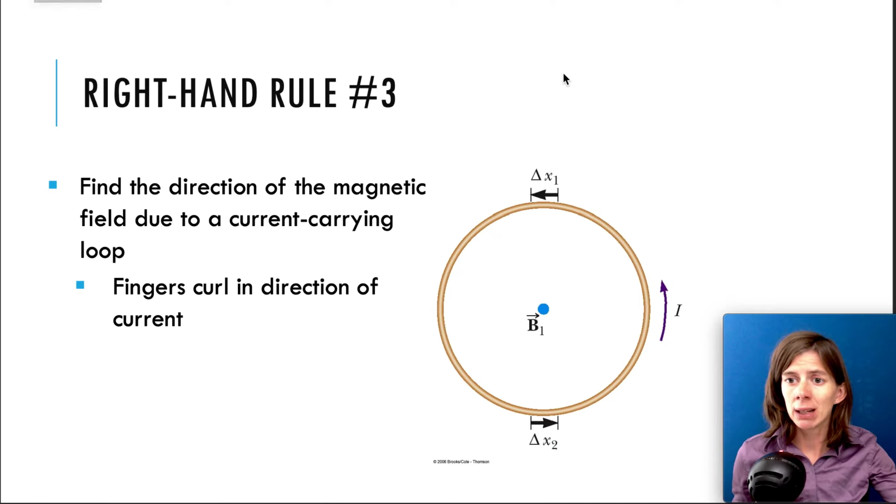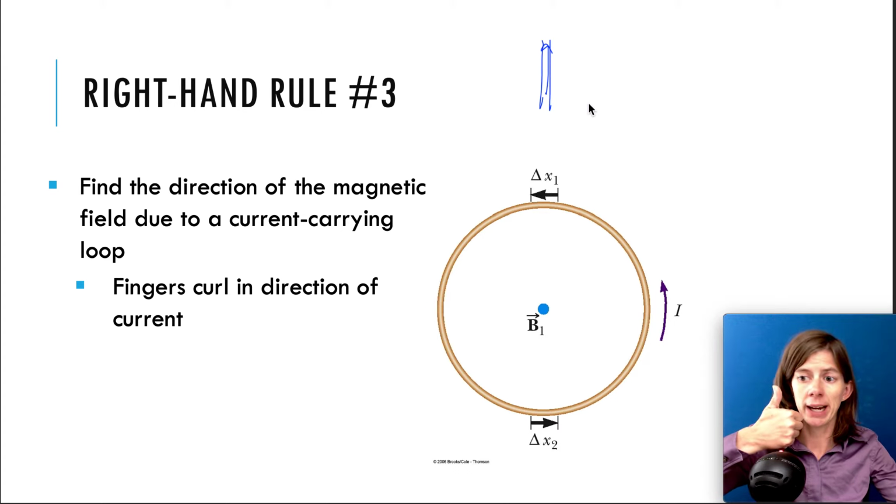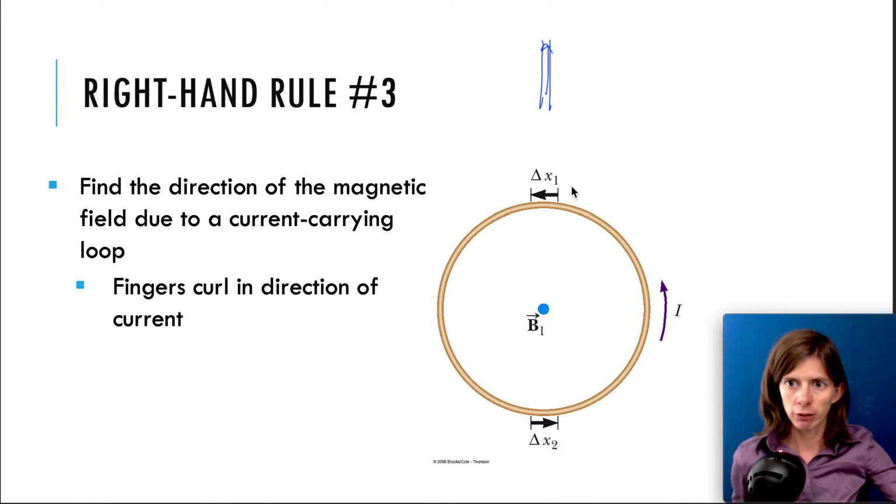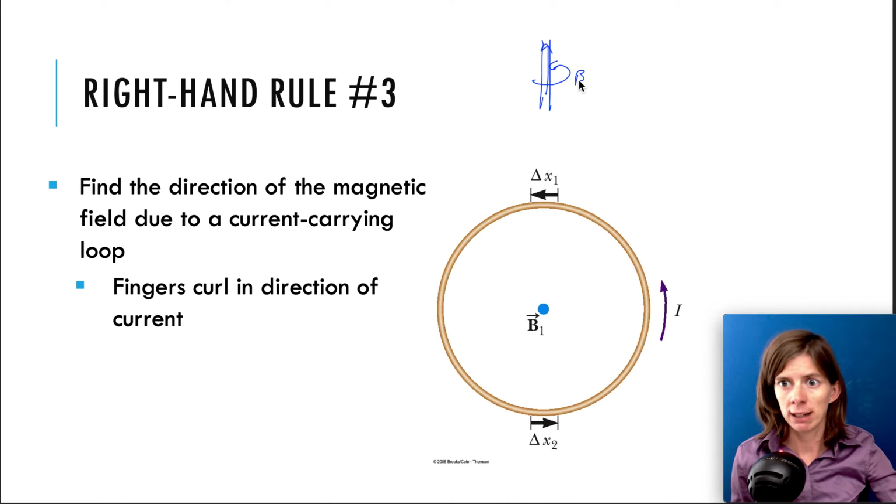If you remember right-hand rule number 2, we had a straight wire carrying a current. We put our thumb in the direction of that current, and then our fingers looped around the direction of the magnetic field. So in this case, the fingers would loop around this way, and that would be the magnetic field.